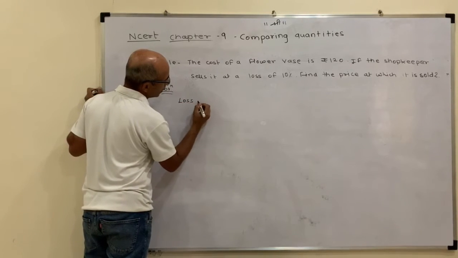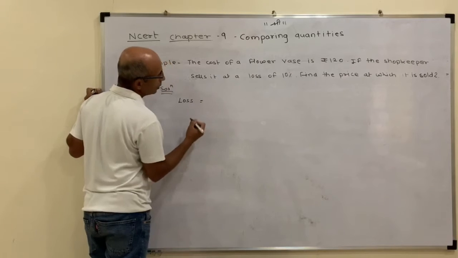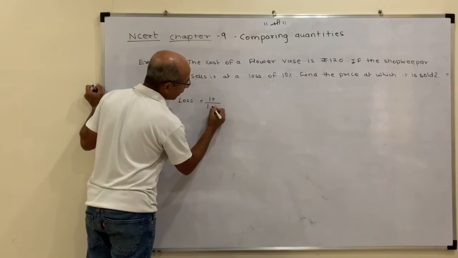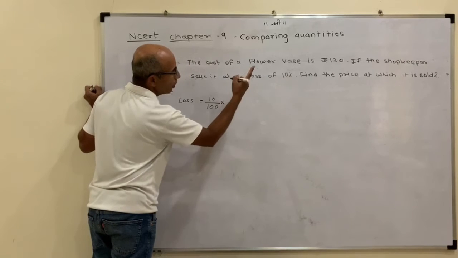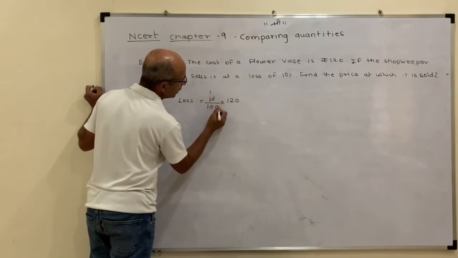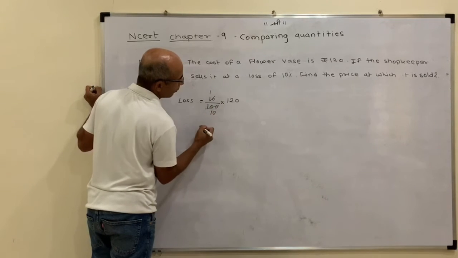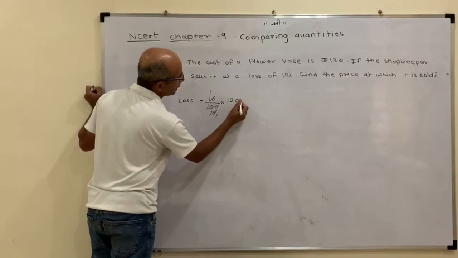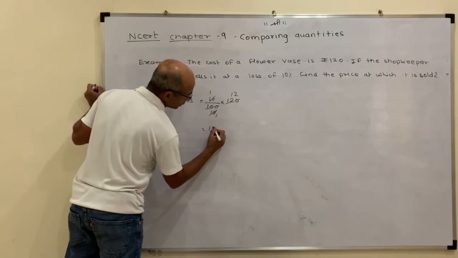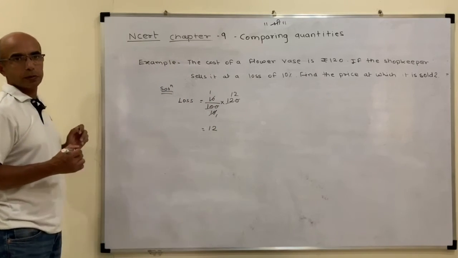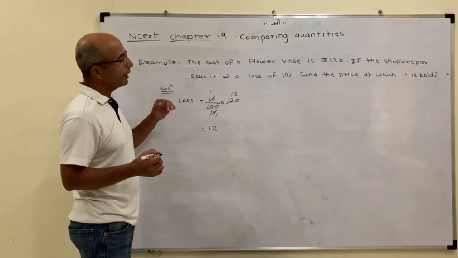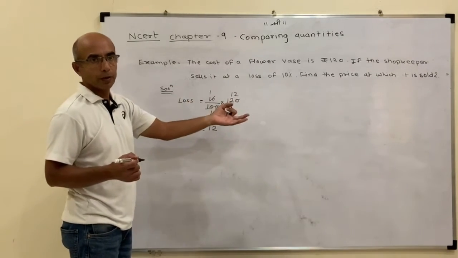Loss equals 10%, so 10 divided by 100 into 120. 10 ones are 10, 10 12s are 120. So the loss is 12 rupees.